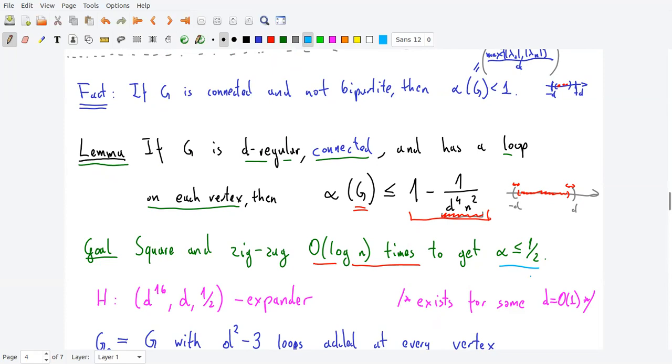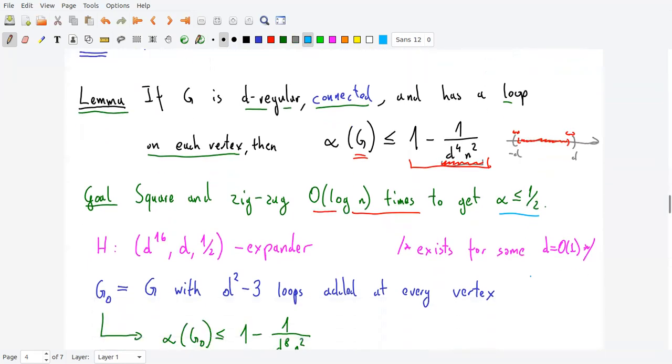So it will be smaller than 1/2. In a sense, we'll be using squaring and zigzagging in order to amplify the spectral gap while keeping the degree bounded. And the construction will be very similar to what we were doing during the last lecture. So first of all, we will need some base graph. This will be an expander.